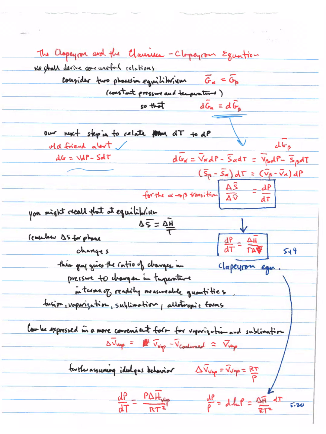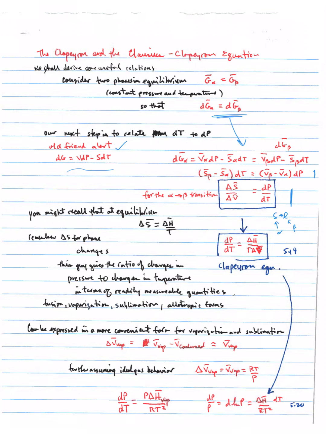Now, in the next step, we're rearranging the equation a bit to get something interesting. What we could show is that for the alpha to beta transition, where delta is final minus initial, imagine that this is melting. If solid is going to liquid, then the liquid is the beta and the solid is the alpha.